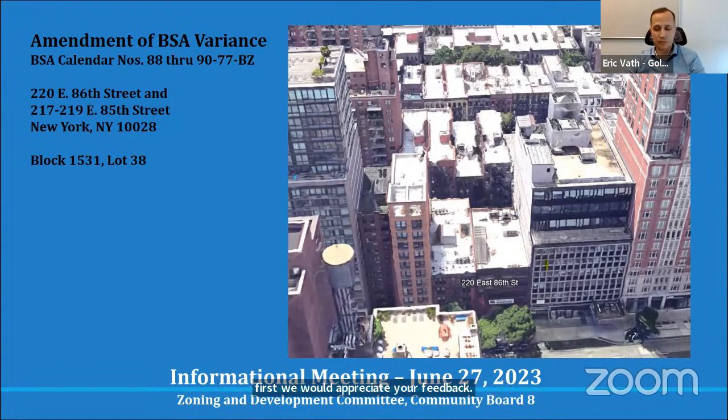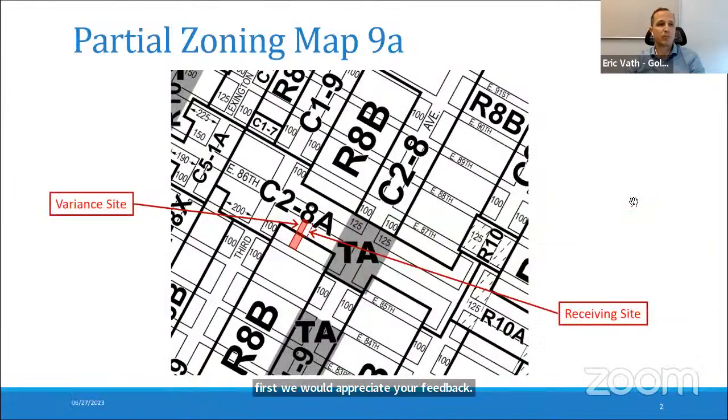So let me walk you through the background of the site, and I'll tell you a bit about the proposed action. What you're looking at is a partial zoning map. The variance site is indicated in a pinkish red outline. It's located between 3rd and 2nd Avenues and 86th Street to the north and 85th Street to the south.